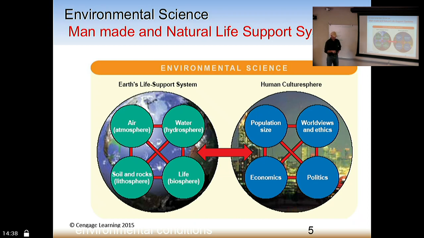But then over here, the man-made life support systems. Things like population size are really important. Things like what are your worldviews and your ethical stand are really important. Our economics, what kind of economic system we have and how much focus we have on that. And the political system and politics.